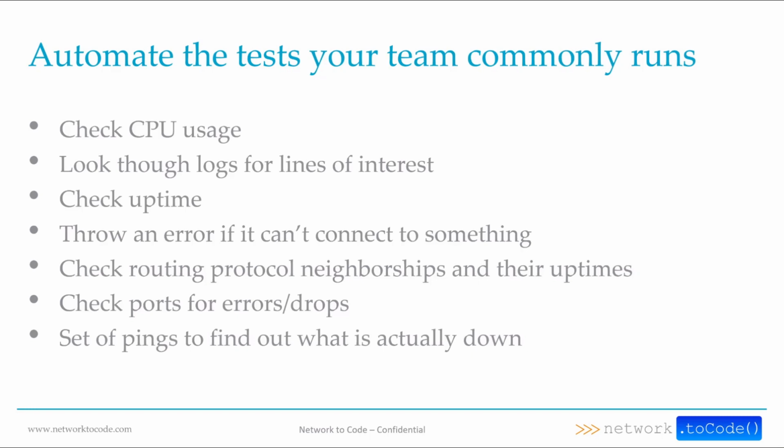They always start logging into all the devices, checking the CPU usage, digging through logs for the lines of interest, checking device uptime, making sure that all the devices are up and that they can connect to them, looking at the routing protocol neighborships to make sure that they're up and that they haven't been flapping lately, checking ports for drops, errors, or high usage, actually pinging stuff to make sure that nothing is down, things like this, things that you just constantly do that everyone on the team is going to run.